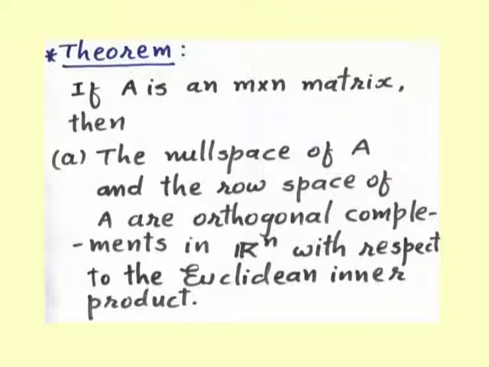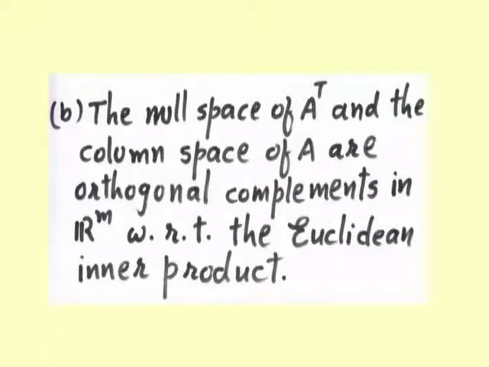And row space is the span of the rows of matrix A. The theorem tells us the null space of A and row space of A are orthogonal complements of each other in Rn. And this is the second result: the null space of A transpose and the column space of A are orthogonal complements in Rm with respect to the Euclidean inner product.